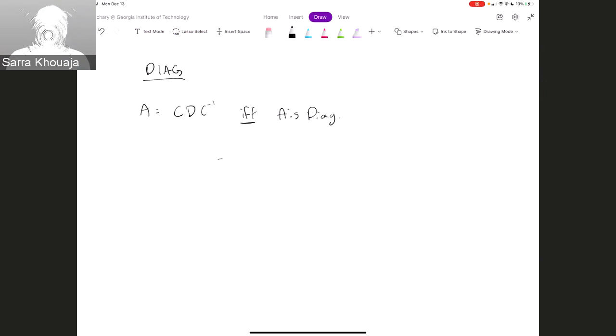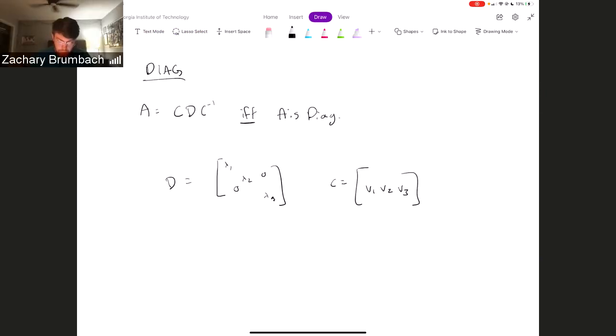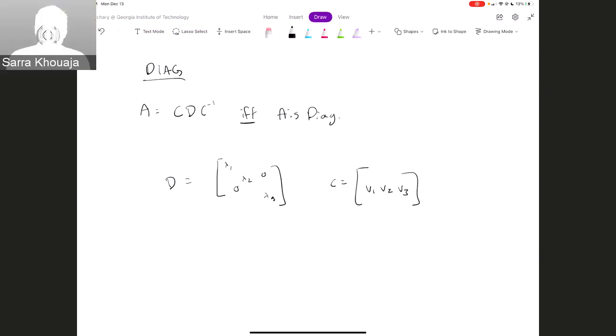Remember that D is just equal to all of your eigenvalues on a diagonal, and your C is just equal to each of your eigenvectors. Cool. So how do we know if it's diagonalizable?